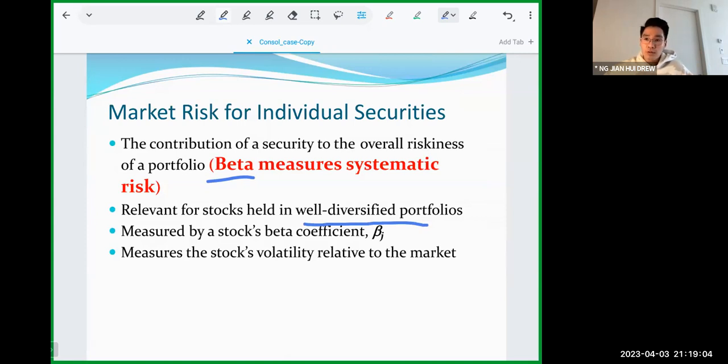So we know total risk is measured by standard deviation. Just a quick question. What kind of security has zero total risk? Anyone can remember at the start of our lecture? What type of security has no risk, theoretically?